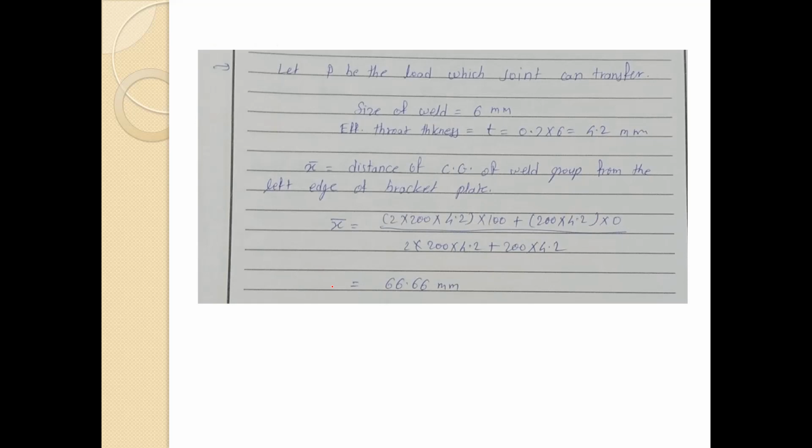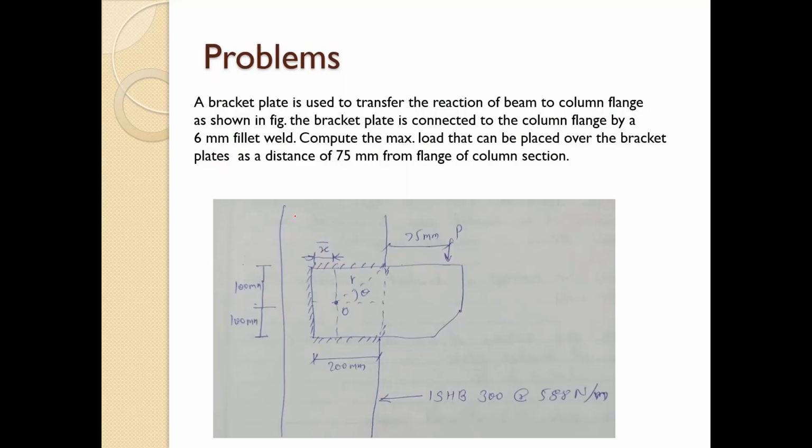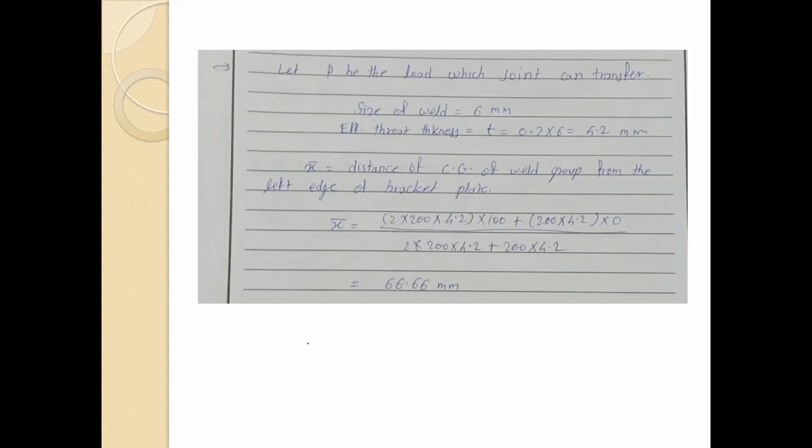So let P be the load which the joint can transfer. The size of the weld has been given, that is 6 mm. Throat thickness t equals 0.7 into 6, that is 4.2 mm, that is k into s. And X bar is the distance of the CG of the weld group from the left edge of the bracket plate.